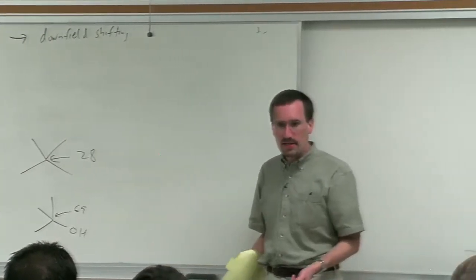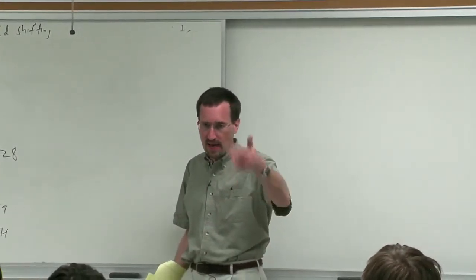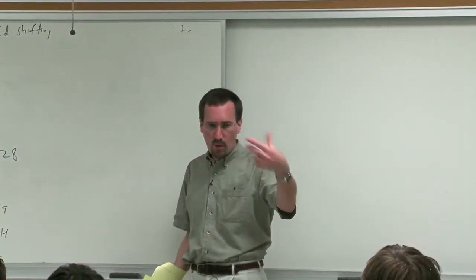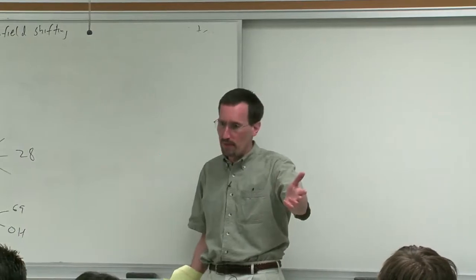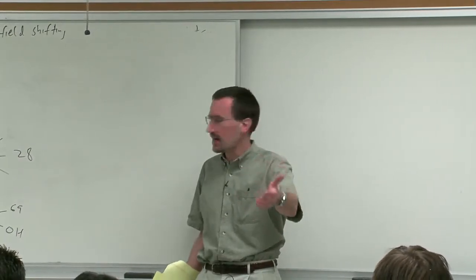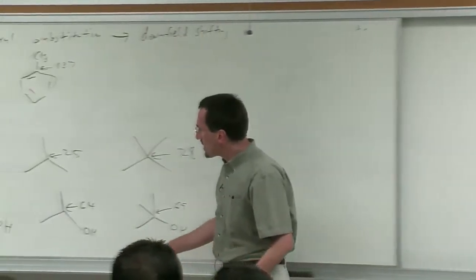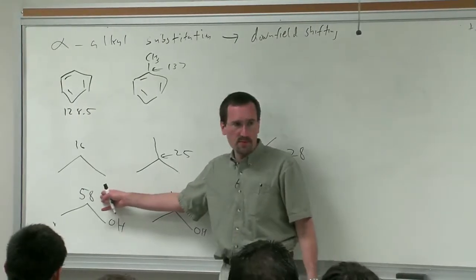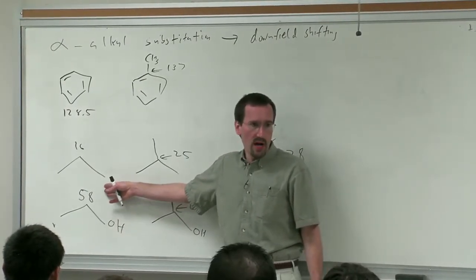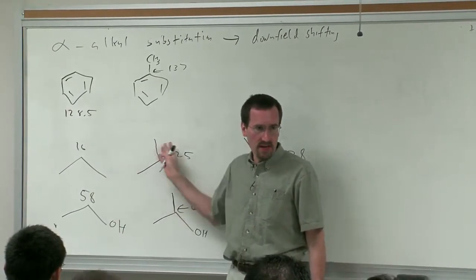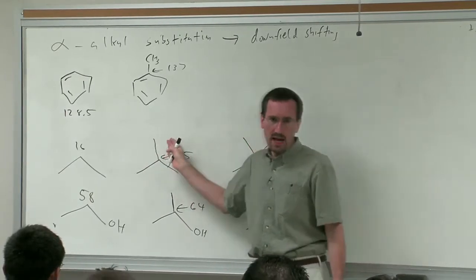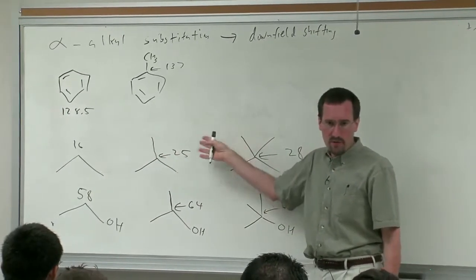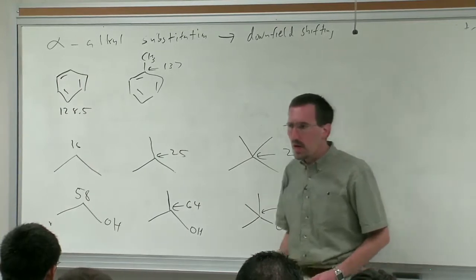And so it kind of makes sense if you get half a ppm for adding one alkyl group and another couple of tenths of a ppm for adding another alkyl group. Kind of makes sense here, with a scale 20 times bigger, that we get about 9 or 10 ppm for adding one alkyl group and about 5 ppm for adding another alkyl group.